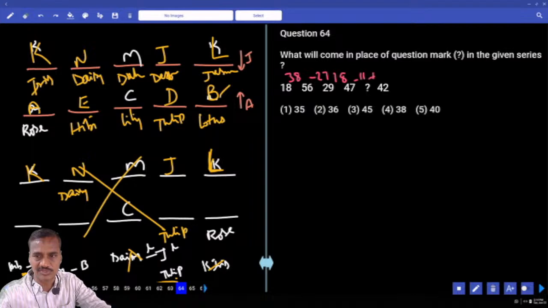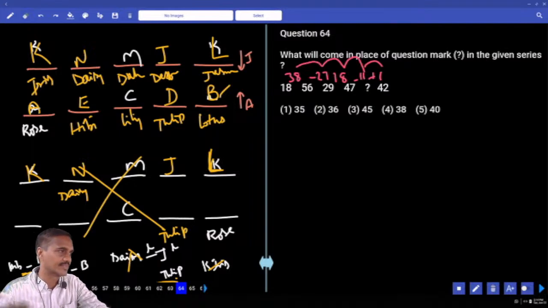Minus 11, plus 6. Now 6 plus 5 is 11. Next ones 7, 9, 11. Alternate. Then what is your answer here? 47 minus 11, that is 36, choice 2.